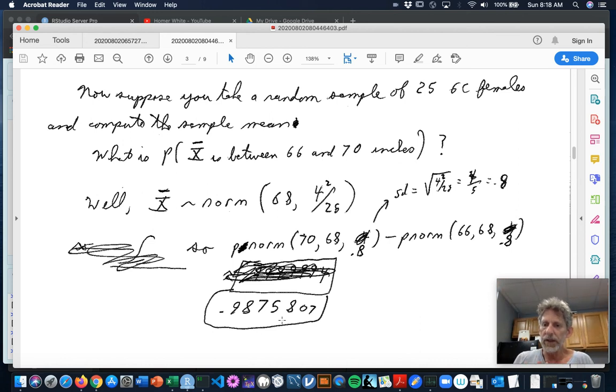And so the sample mean is probably going to be a lot closer to the mean of the population than any one individual is likely to be. That's the practical result of the variance of the random variable going down from sigma squared to sigma squared over n.